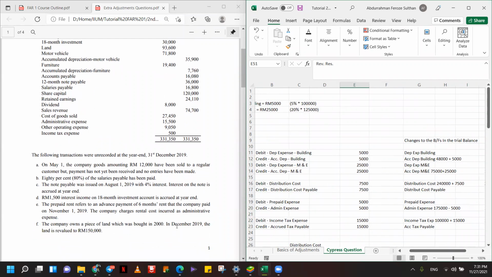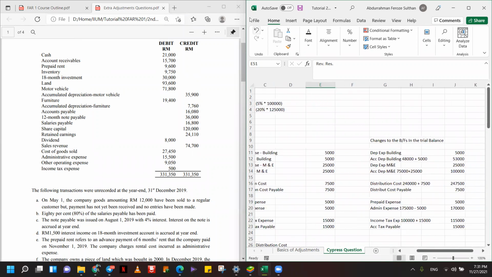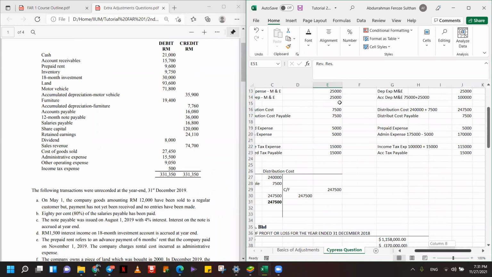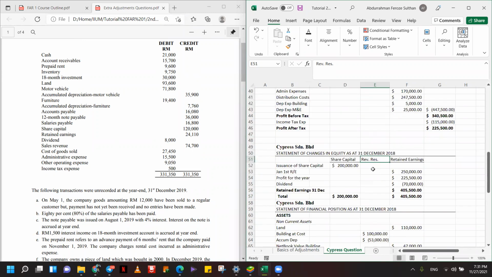Over here it says the land is revalued to 150,000. Before it was 93,600. So basically, in the changes, the land becomes 150,000, and the revaluation reserve is also created. Then you add that to the trial balance, and then finally you add it over here in the revaluation reserve, as land revaluation.